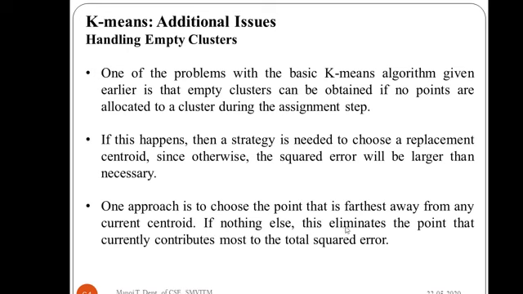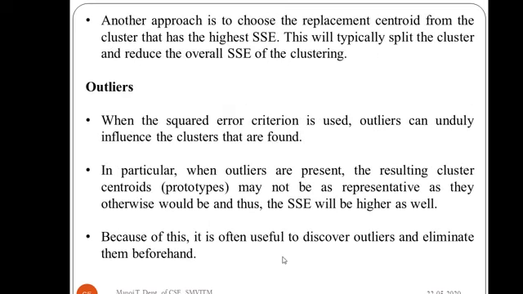If nothing else, this will eliminate the point that currently contributes the most to the total squared error. You select the farthest point away from the current centroid.